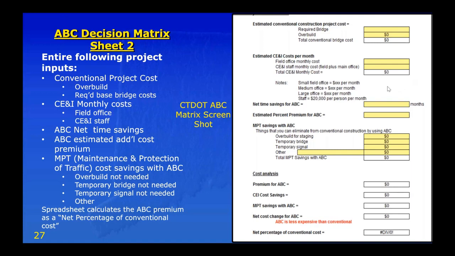And this, again, is a very important portion of the ABC analysis because this could range from $500,000 to $800,000 in a year, depending on the manpower necessary to staff the project and the size of the office needed for the project. And again, coming down here, final evaluation of net percentage of conventional cost of the ABC alternative investigated.